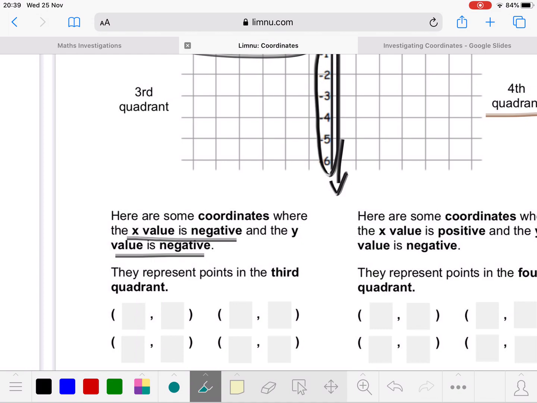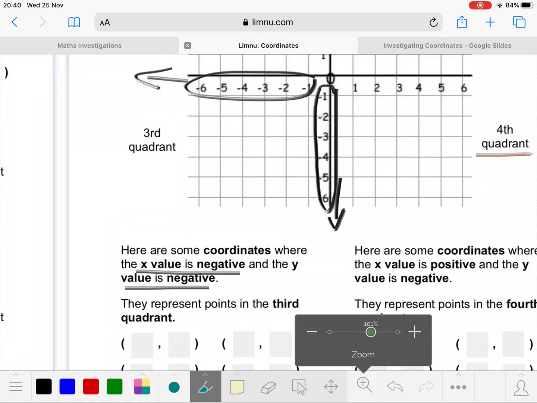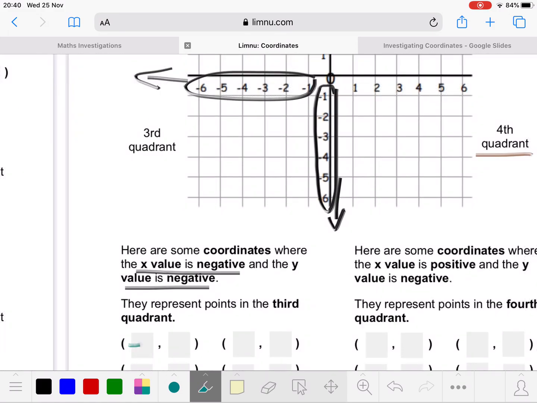Let's go down, no, not down first, left first, because we always do the across first. I'm going to do negative 1, which is across 1, and then I'm going to do negative 6, which is down 6. Negative 1 is across 1, and then down 6 from there, which gets me right down to this place.